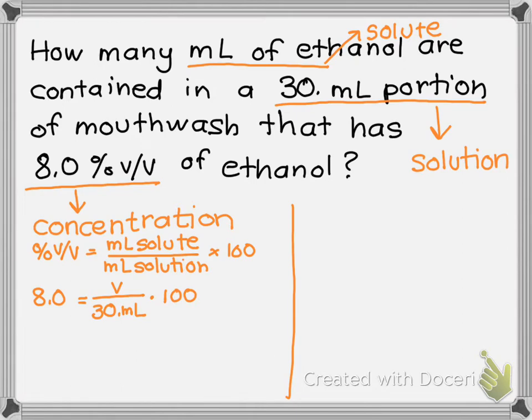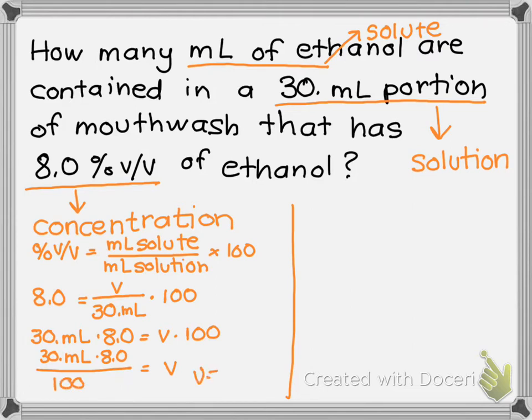So I would multiply the 30, so I'd have 30 milliliters times the 8 equals V times 100. And then I could say V equals 30 times the 8 divided by 100.